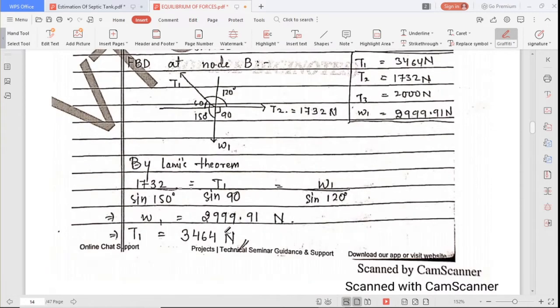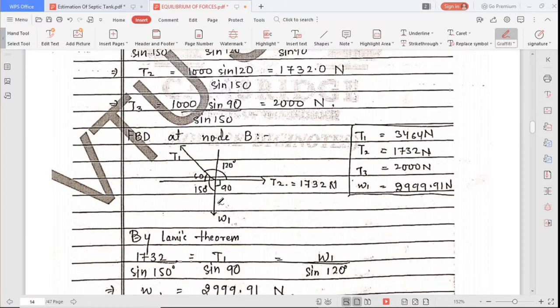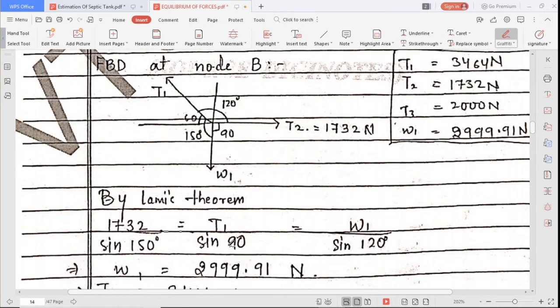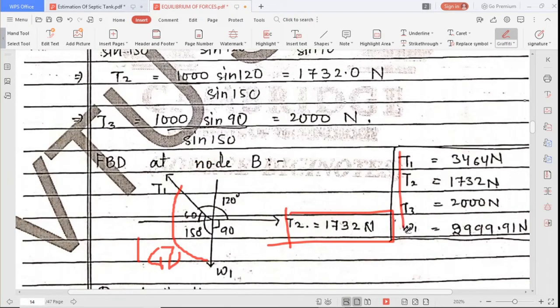Apply Lami's theorem, and we'll find the values for the necessary forces. So T1 by sine 90, W1 divided by sine 120, and this T2 we already solved, so T2 divided by sine of this angle, 60 plus 90 is 150. So we'll get the values as T1, T2, T3, W1.